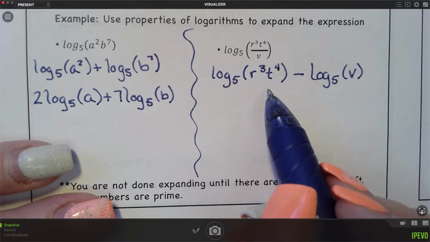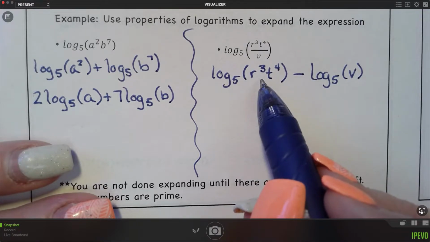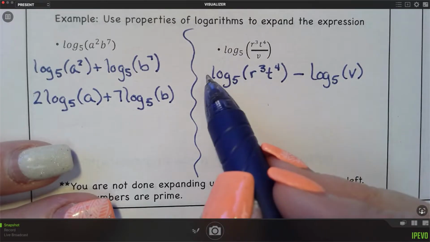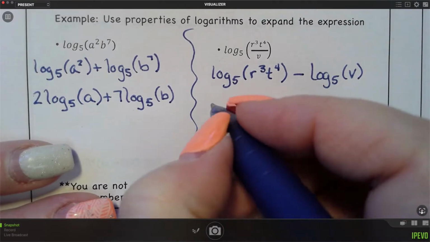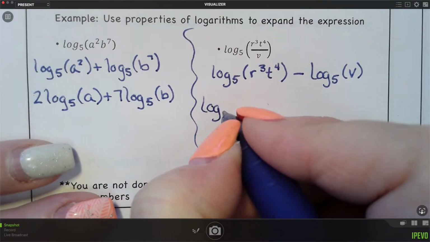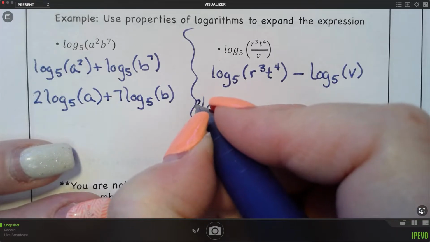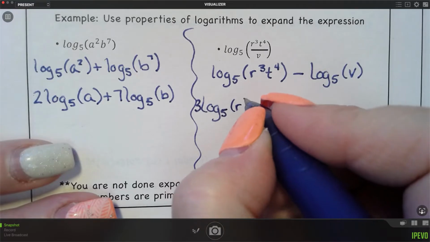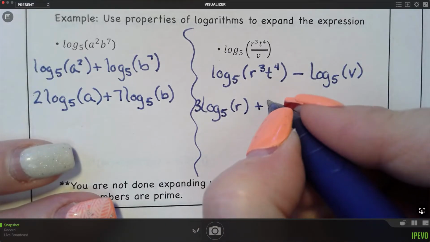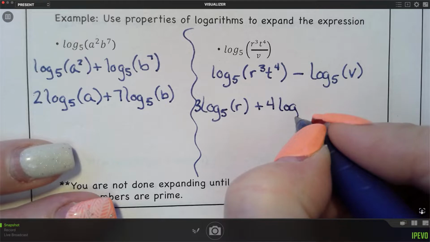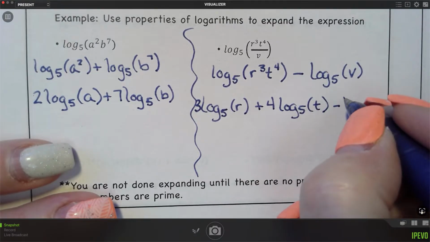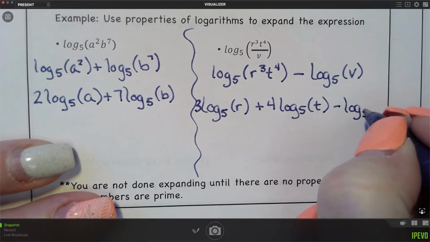We've got exponents and multiplication. Do you want to do that all in one step? The exponents come out in front of each individual one. So it's 3 log base 5 of R plus 4 log base 5 of T, minus log base 5 of V.